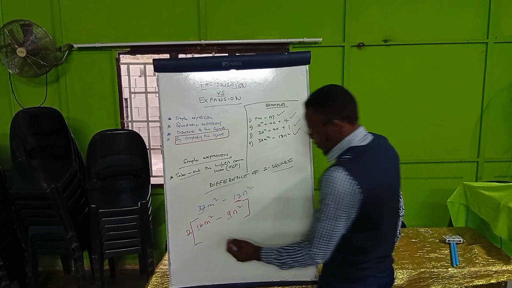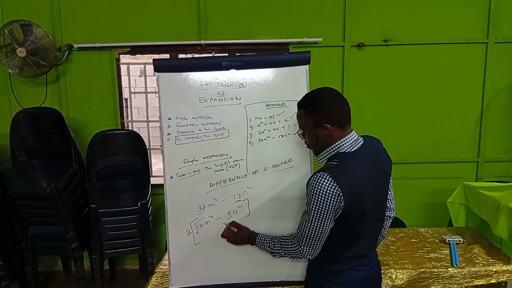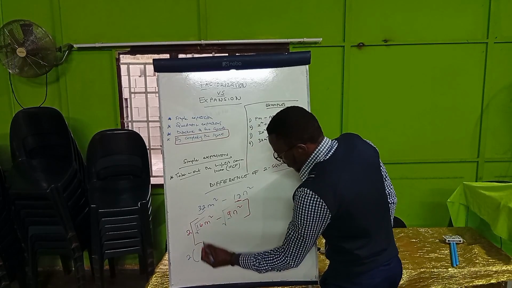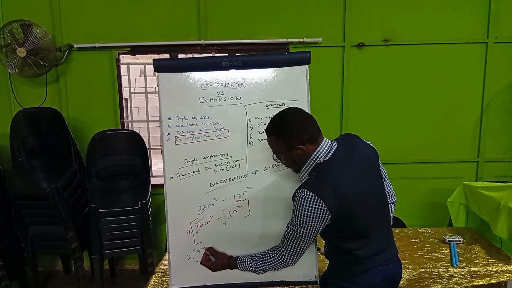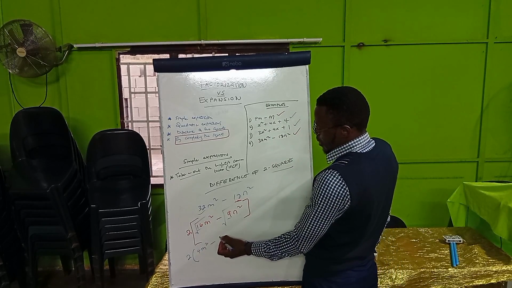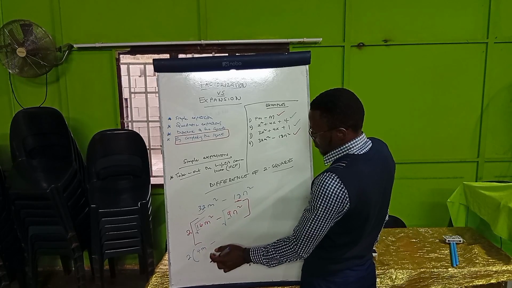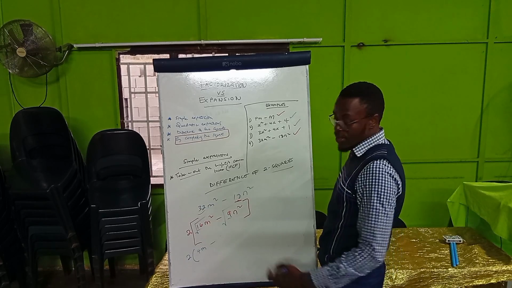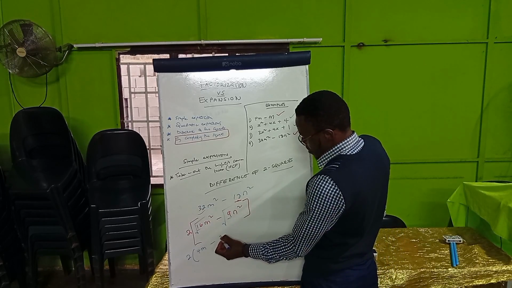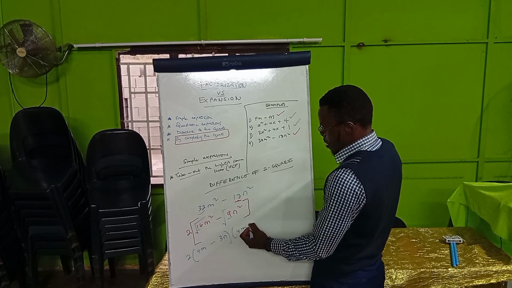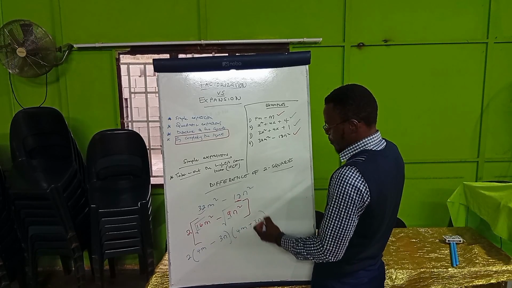Then we can do what we've done in all our examples, the square root of that. So we still have the 2 here, it will be 4m minus 3n, and then 4m plus 3n. Because the square root of 16 is 4, the square root of m squared is m.